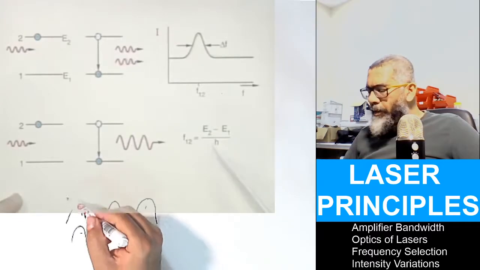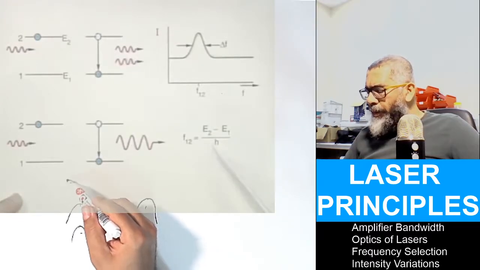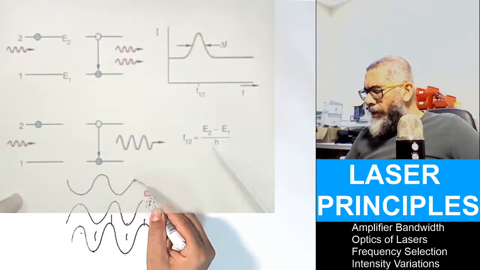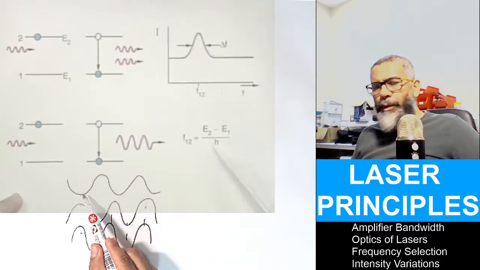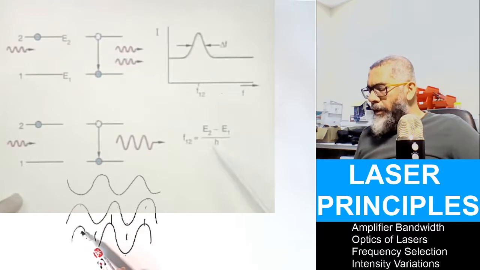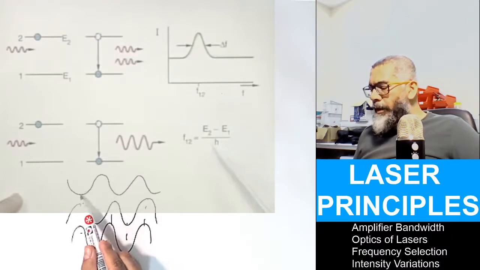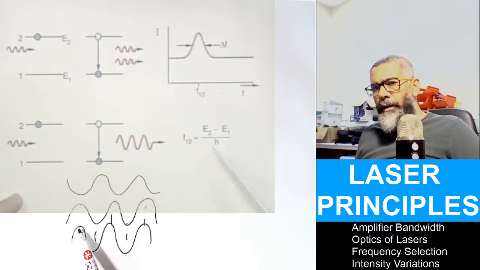There is also a possibility that the second photon will be produced such that it is out of phase with the existing, incoming photon, and its dip matches up with the peak of the incoming photon.